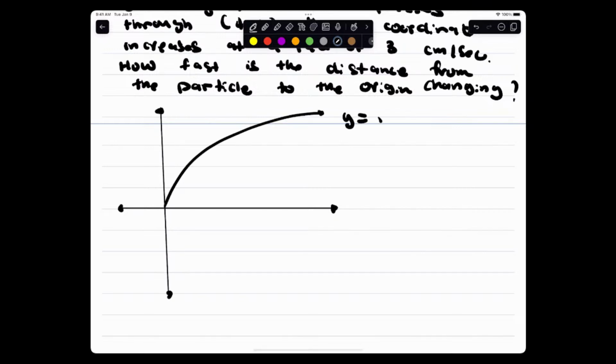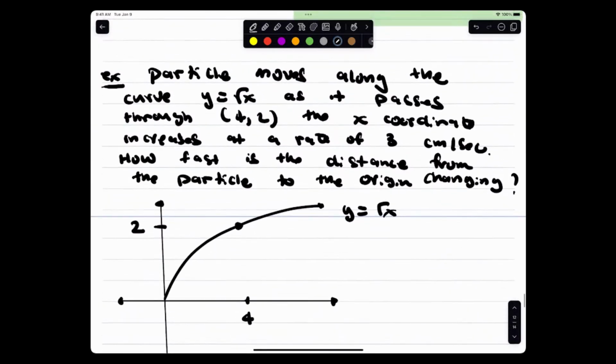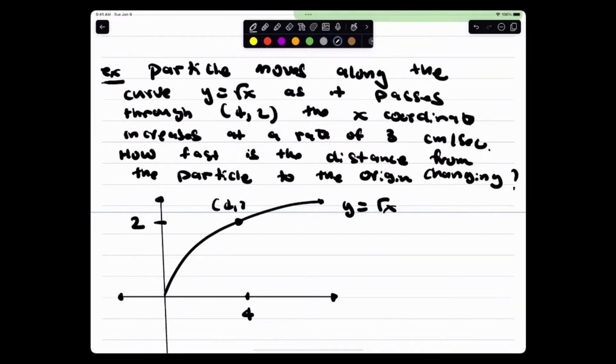Here's a curve, y equals the square root of x. Let's say here's 4, and here's what? 2. It is not to scale. I think, is it 4, 2? Yes, it says (4, 2). Okay. So your particle is moving along that curve. You guys good with that?